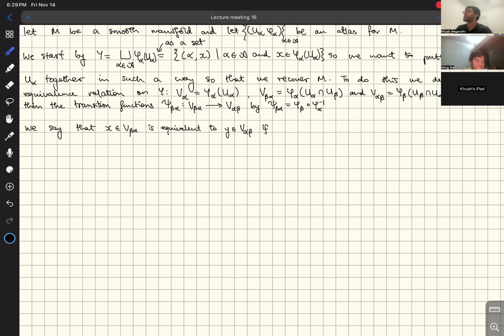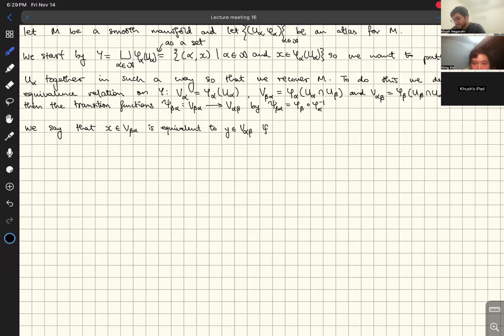One way to see this is, if I had two disks and they intersected in some small area over there. In my construction right now, I just have these two disks sitting on top of each other, but they don't touch. To make them sit like this, we have to identify this small portion with this small portion.